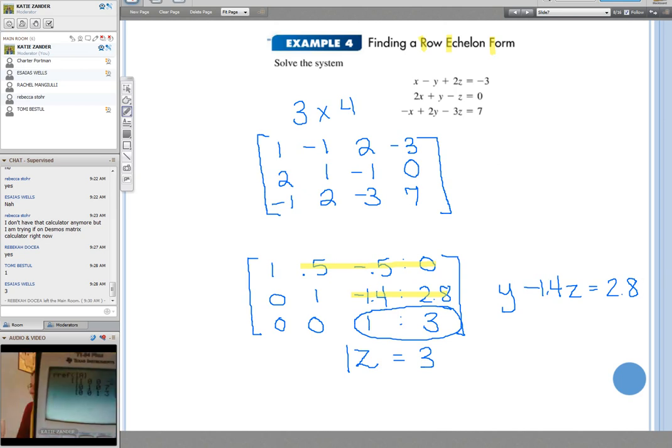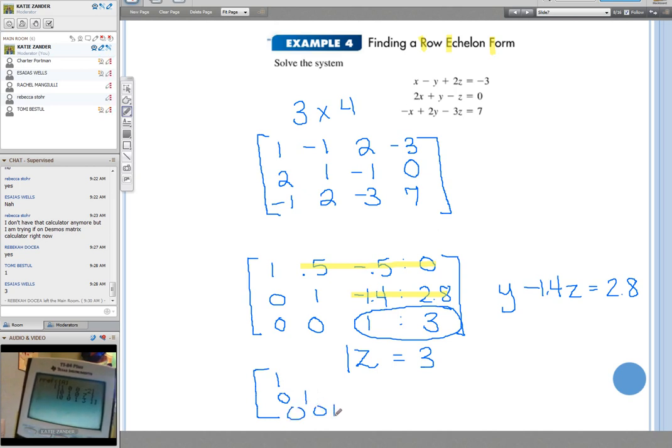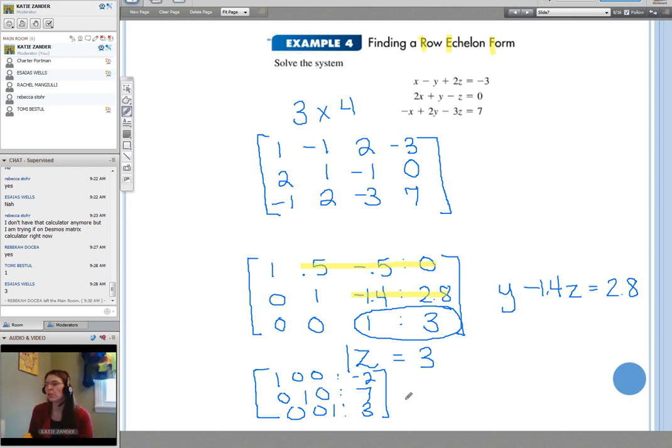Check it out. Now it looks a little bit different than that row echelon form, right? You have ones on your main diagonal still, but everything after that is zeros, except for that solution piece. So -2, 7, 3. This is what we love about our matrices, because this reduced row echelon form gives us our answers for each variable.